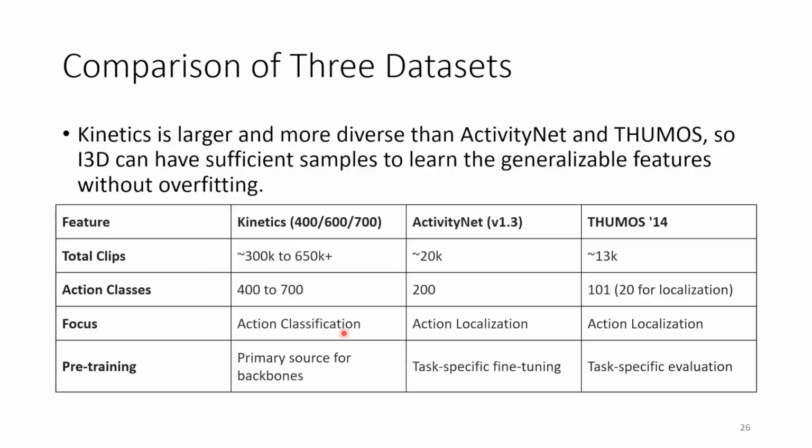Yes, correct. The reason is, if they want to show their I3D representation is a very effective, useful representation, do they need a new dataset to demo it? Yes. They need a large, huge, very complicated dataset, because there are 400 classes of actions.